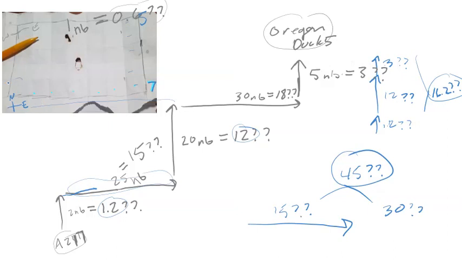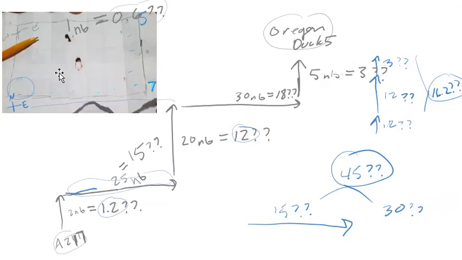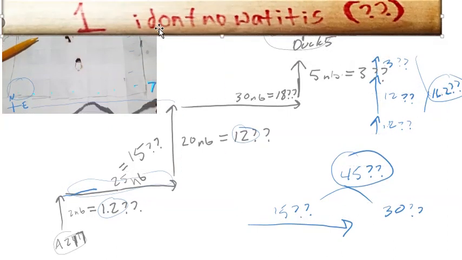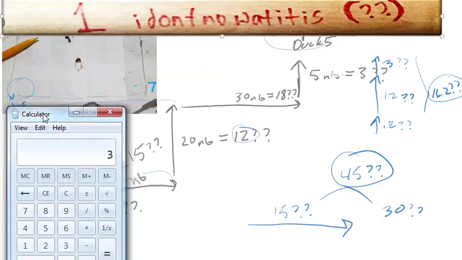So how many question marks is each one of these little squares going to represent? How many of these is each tiny square going to represent? Well, that should be pretty easy. I've got 7 squares.